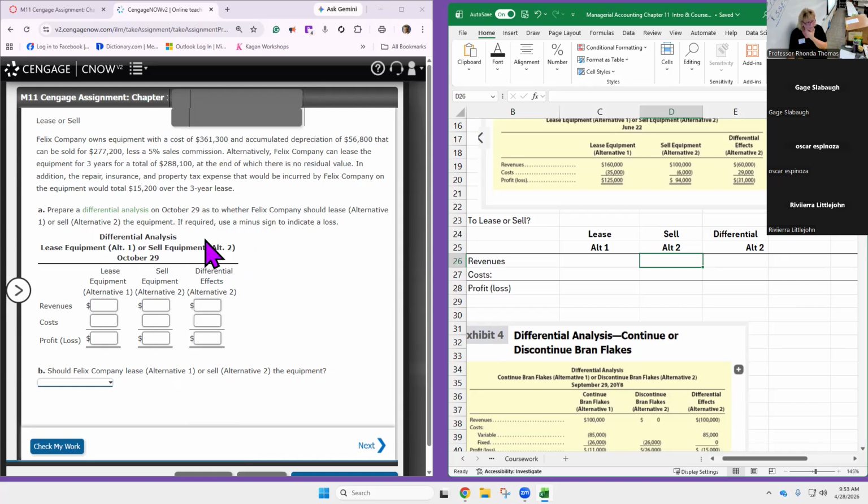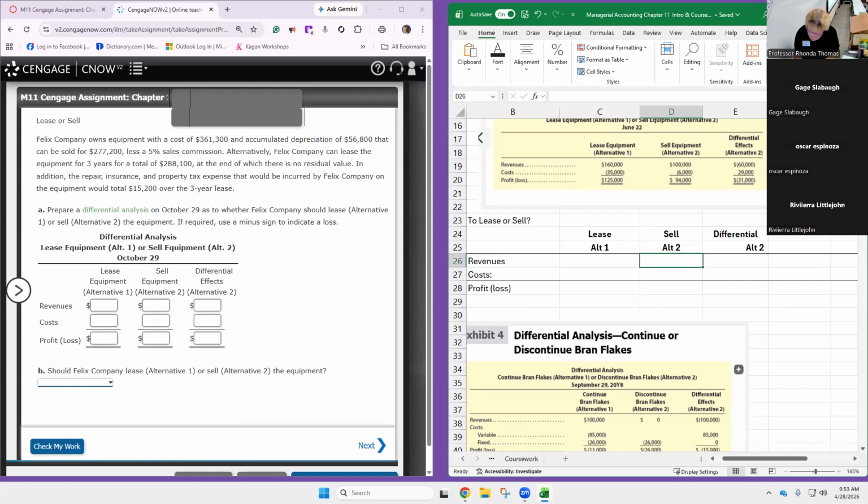Prepare a differential analysis on October 29th as to whether Felix company should lease or sell. If required, use a minus sign to indicate a loss. So anytime we have a negative number, we want to be sure to put it in as a negative, because it's going to represent a loss.